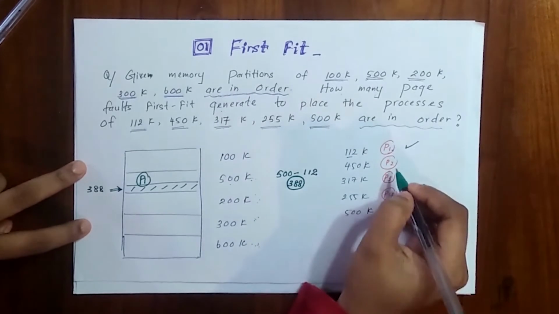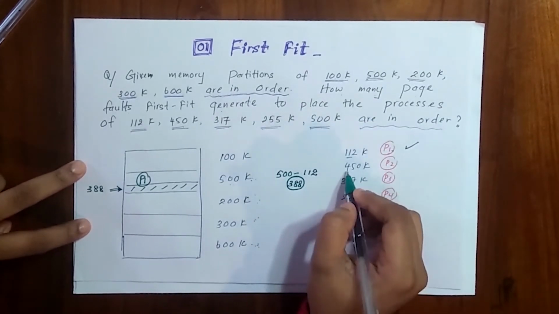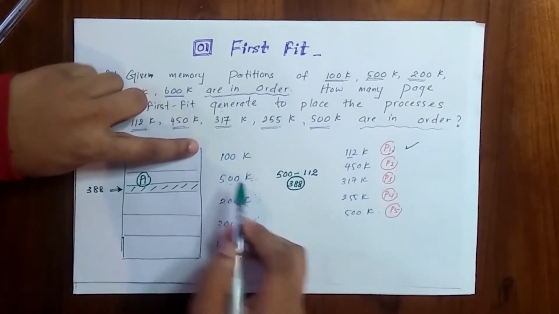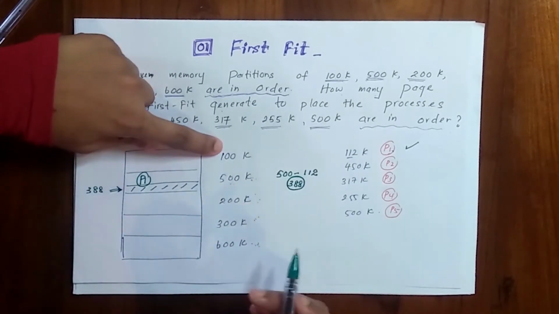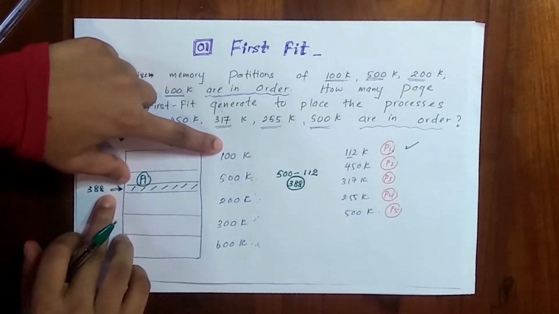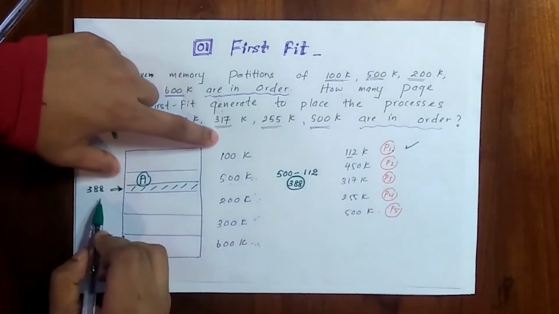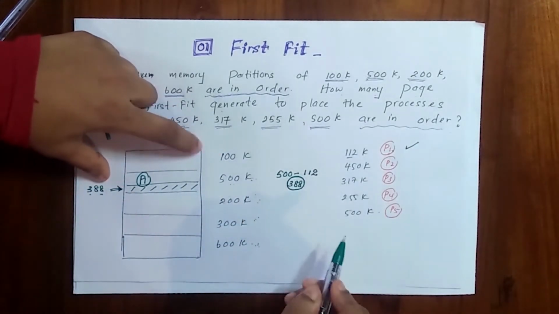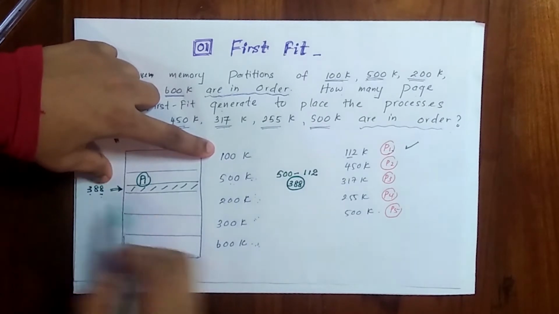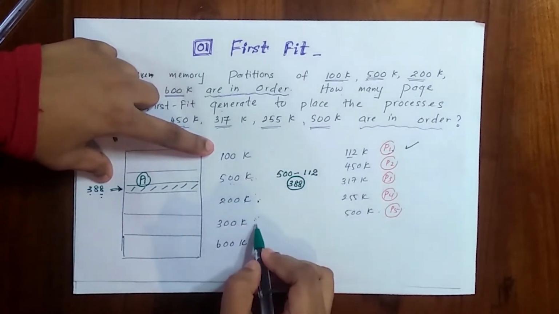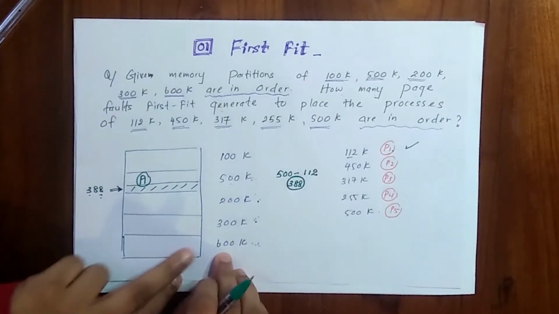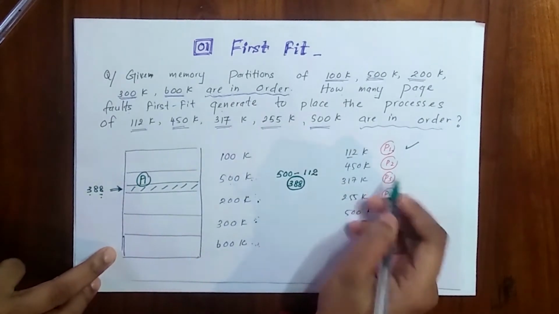Let's move to P2. It is 415. So you can see we can't place it here, and you can't place it here as well. And now this partition size is not 500, it's 388. So you can't place it here, you can't place it here, here you can't, but in this partition you can place P2.